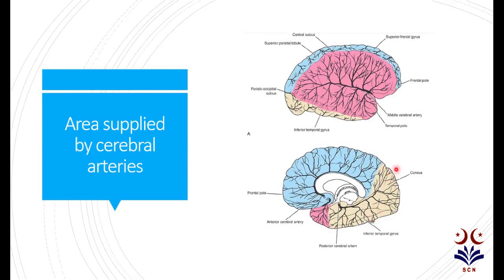This is the area behind that supplied by our anterior cerebral artery. This is supplied by the posterior cerebral artery. The small portion here, the parieto-occipital sulcus, behind that the occipital lobe, and up till the inferior temporal gyrus, and up till the temporal pole. This is supplied by the posterior cerebral artery. This is just the drawing, very important. It's an exam question.